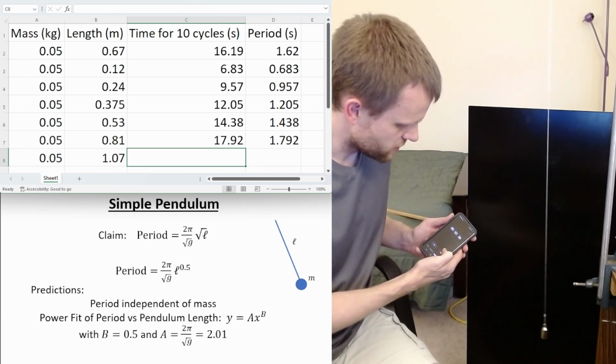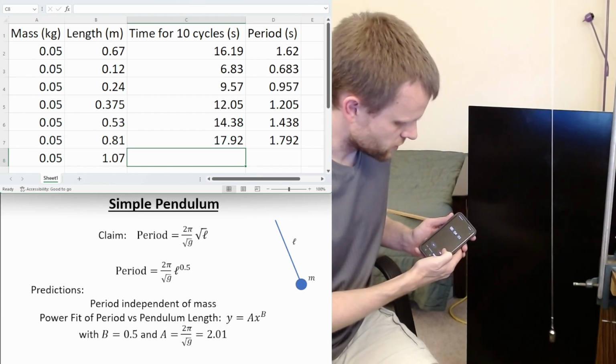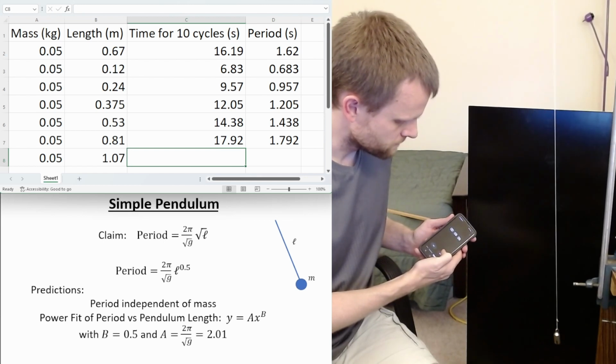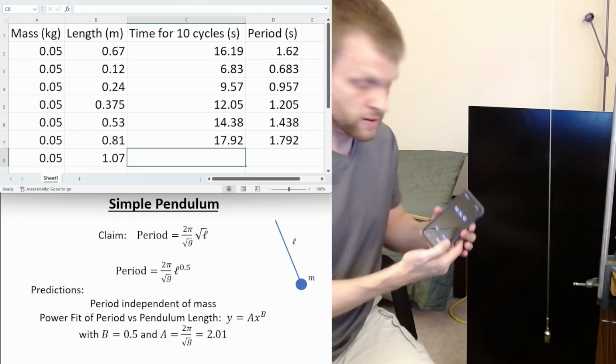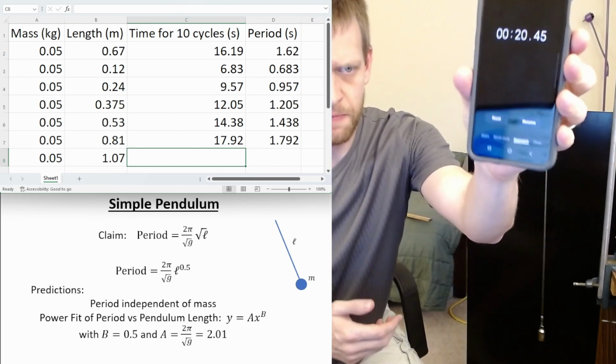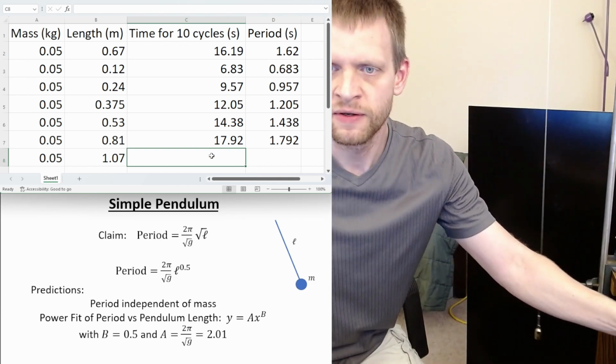1, 2, 3, 4, 5, 6, 7, 8, 9, stop. Okay, I got 20.45 seconds for that.